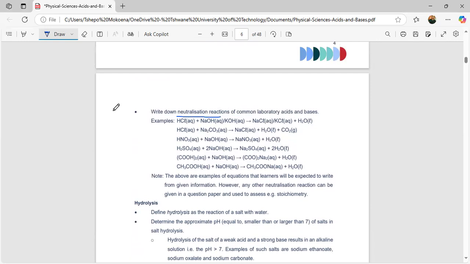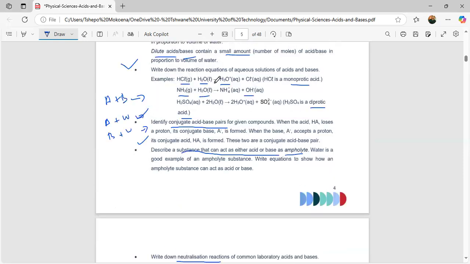Now, when acid and base react, it's important what type of acid is reacting with what type of base. Because the products that are going to be formed during this chemical reaction depend on what is reacting, which does make sense, right?